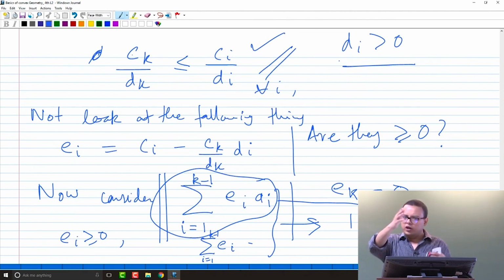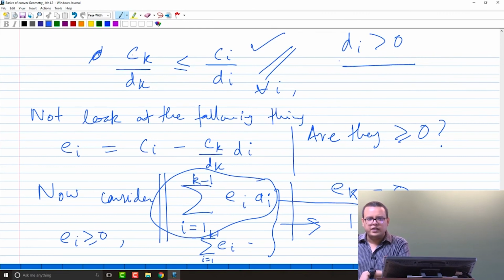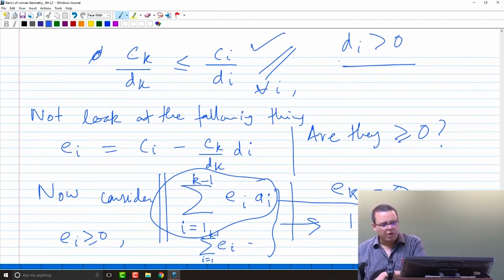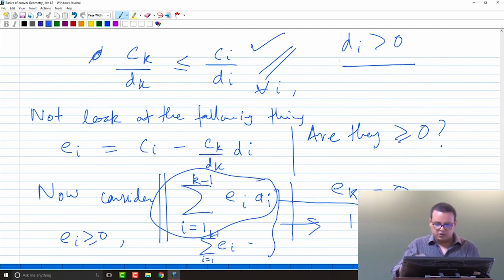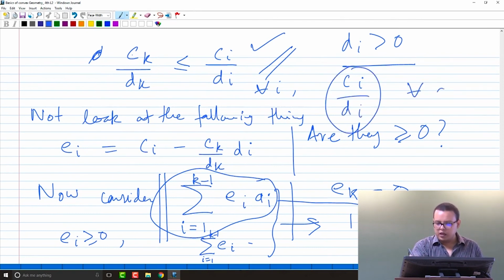Look at all your di's, throw away all the ones for which di is negative. Only look at the di's that are positive. Among them, I am looking at this number ci by di for all di greater than 0. There will be a j for which this is the minimum.